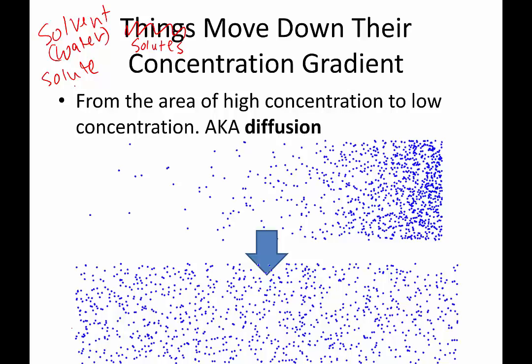And we'll use this example of a Kool-Aid packet again to explain the concept that solutes move down their concentration gradient. Imagine you're making Kool-Aid. Once you add that packet, the flavoring, the sugar, and the food coloring, at the interface between the solvent and the solute you have an area of high concentration.